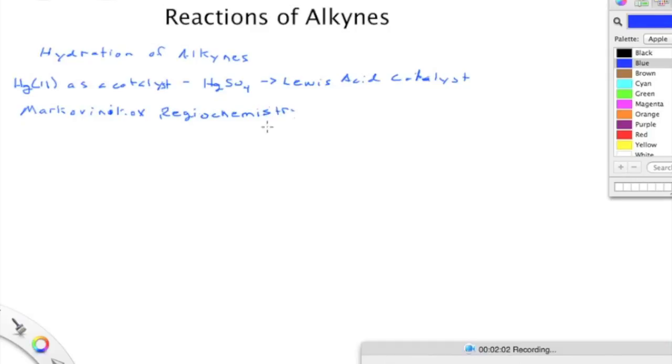So what does that mean? That means in this case that the OH is going to add to the more highly substituted carbon.